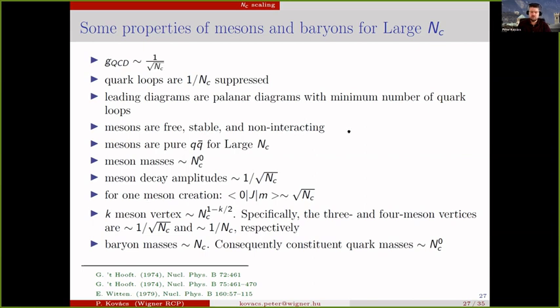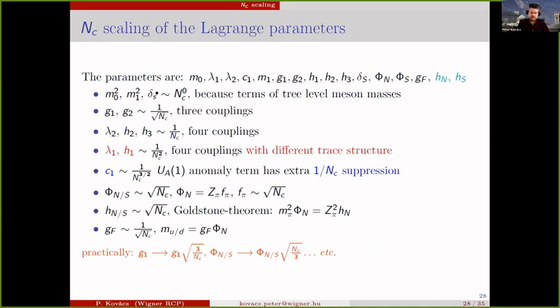as written here. According to the theory, we can take our parameters and see how all of them scale. For instance, the mass parameter scales as Nc to the power of 0, the 3 coupling scales as 1 over square root of Nc, etc. Practically, we change in our Lagrangian, for example, G1 to G1 times square root of 3 over Nc, because we know our parameters at Nc equals 3, which are set according to PDG.